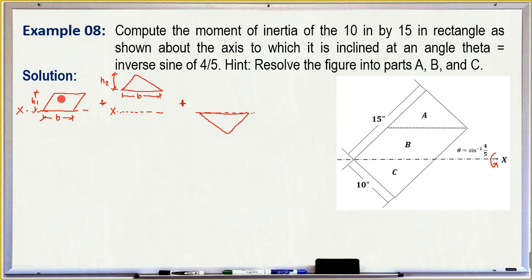So this is B, this is A, and this is C. Remember, this is a right triangle. Our C still has a base of B, the same as the base of our parallelogram, and of course it has a height of h2.